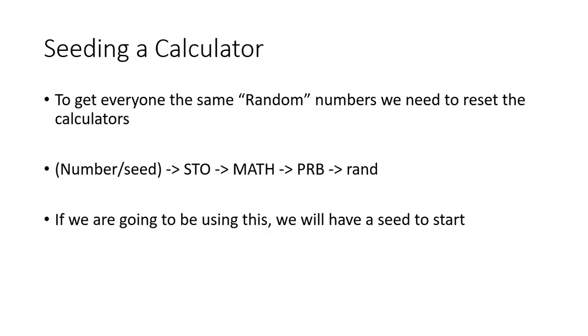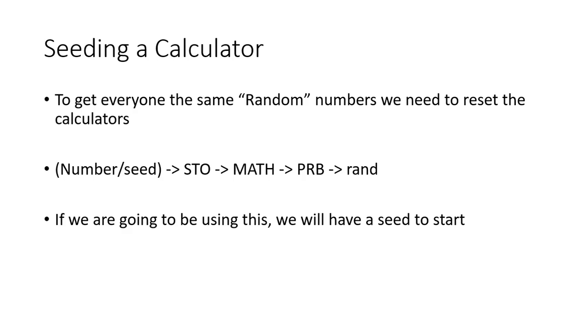Your calculator can also do something called seeding. I'm just going to run through it real quick. Basically, you can set up your calculator so that every quote unquote random number is the same when you reset it. If you seed it with the same number, then all your 83, 84 calculators use the same process to randomly generate these numbers.